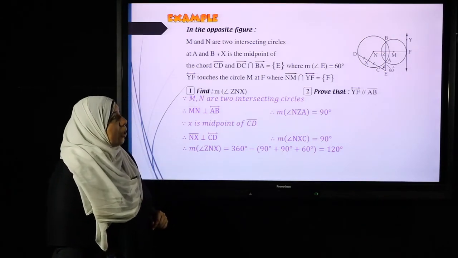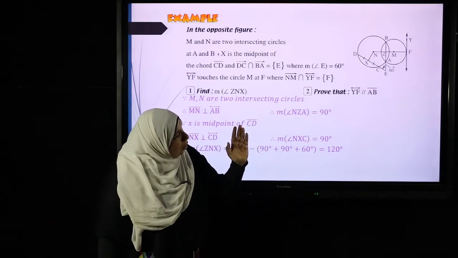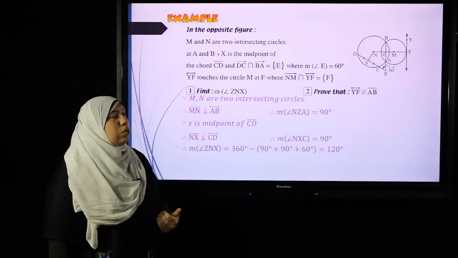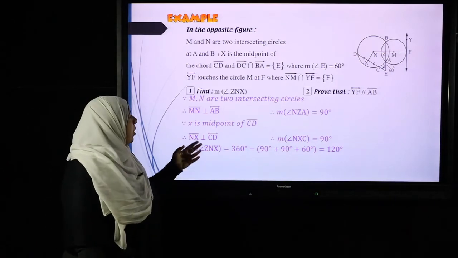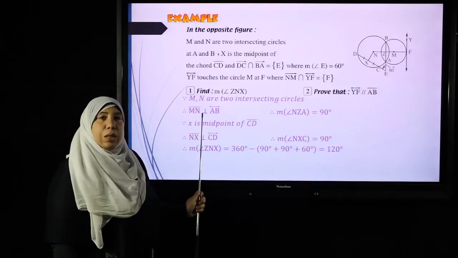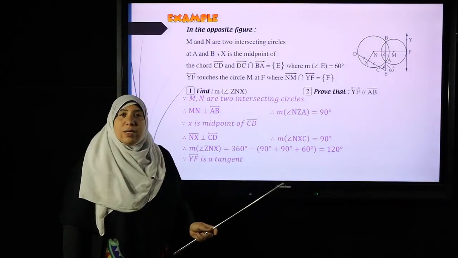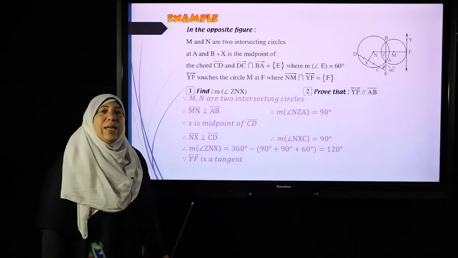Okay, I have another requirement. He wants to prove that YF is parallel to AB. We said here that MN is perpendicular to AB. And YF touches the circle, which means that YF is a tangent.